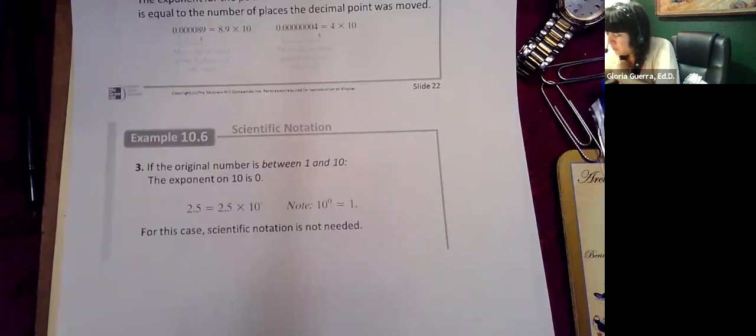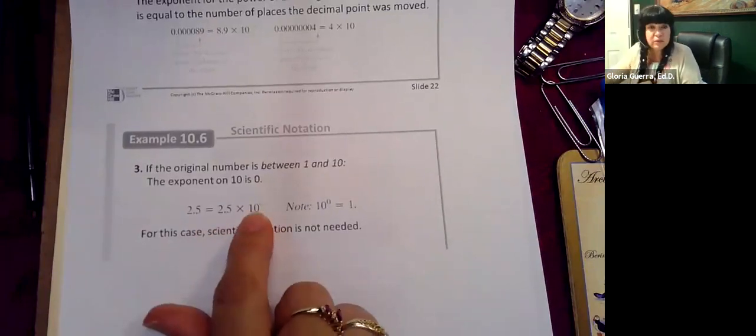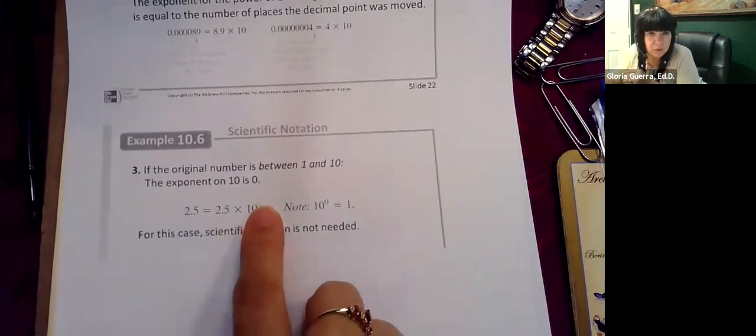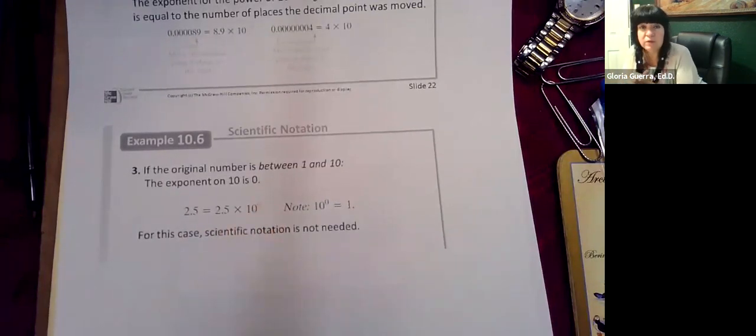Yeah, so they're saying that 2.5 I guess can just stand on its own then. Because 10 to the 0 by definition is 1. 2.5 times 1 is 2.5. So they're saying then that when this is 0, that you don't actually have to have it in scientific notation. That's what they're saying. So, okay, keep that in mind.